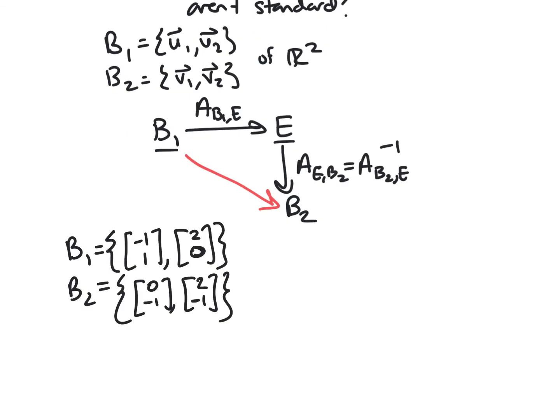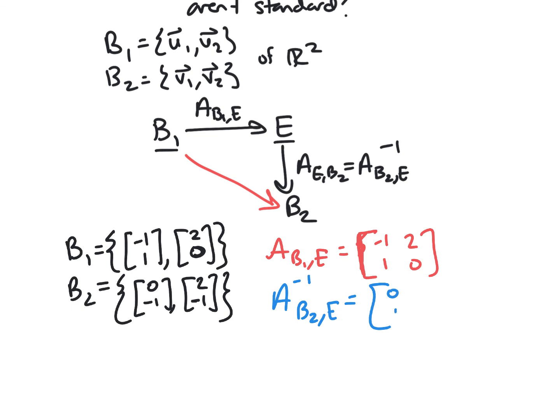So let's consider these two bases. So the first one, A B1 to E, that's easy, right, because we're going to the standard basis. And so this is just slap those guys in there. They are already in coordinate vector form. And then our A, we don't really want to think from the standard. We want to think to the standard, but its inverse. And so this guy's inverse is just going to be, well, put those columns in already, and then take its inverse.